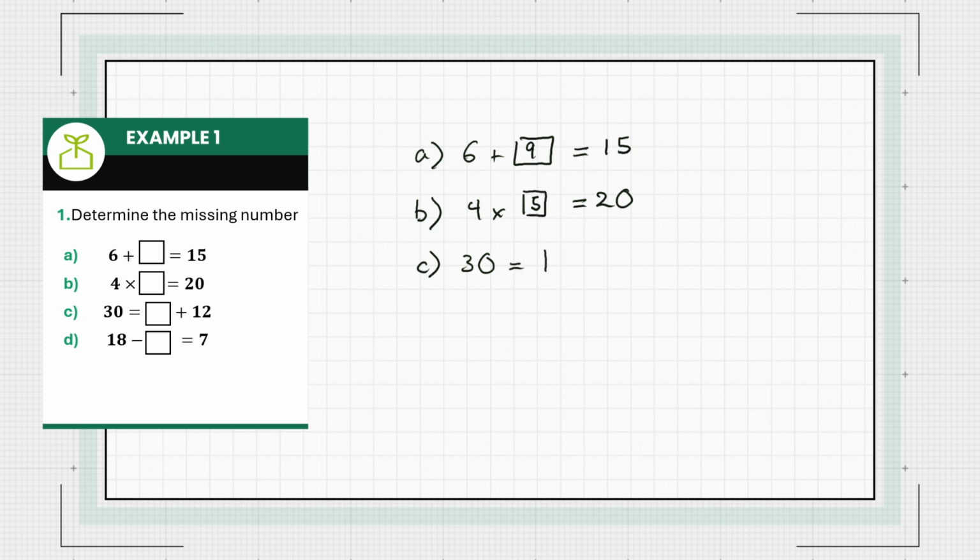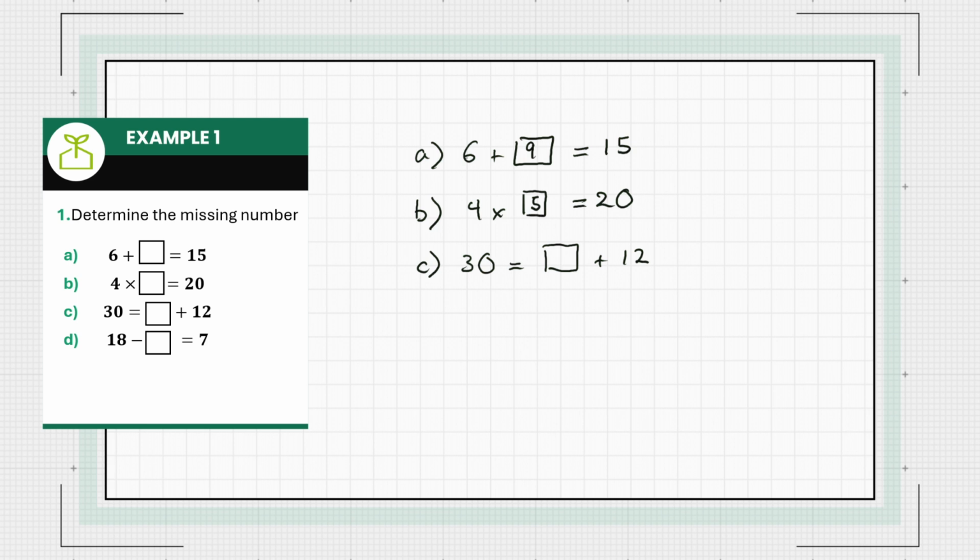30 is equal to something plus 12. Well, what plus 12 is going to equal 30? Most people could do that in their heads and say 18. But I want you to think, if I don't know this, what is a number that I could put in there?